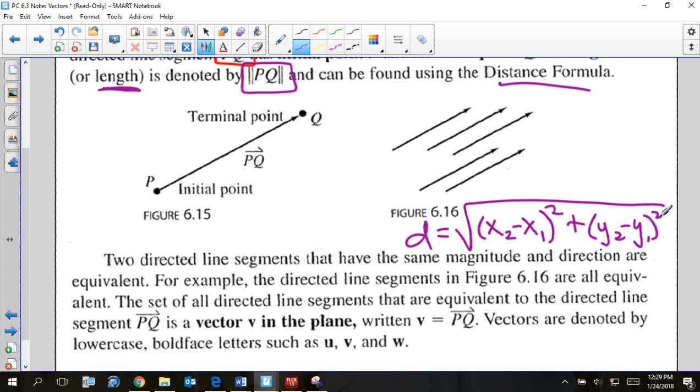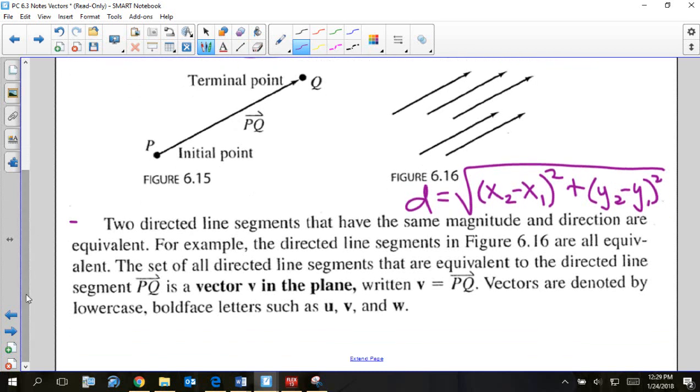Another way of writing vectors would be in bold-faced letters. So like right here, vector P is the same thing as that vector P to Q. It's just written a different way, so they'll also write it that way where it's just dark. So when you're writing it, instead of writing this, you have to go, there's my bold, right?